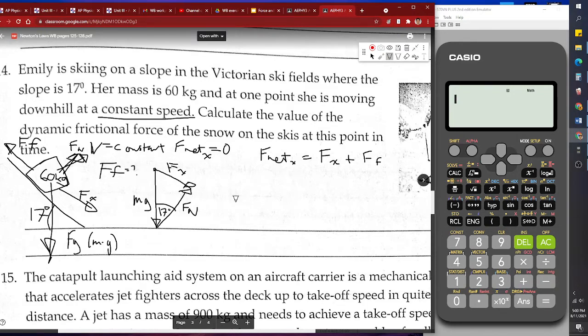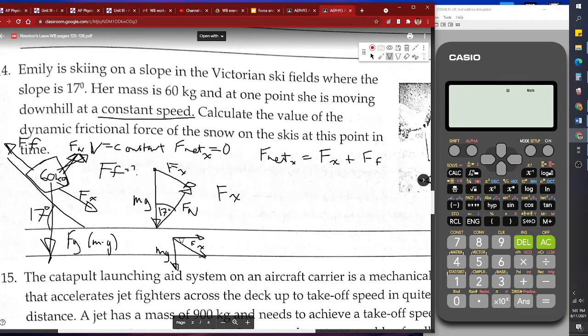We don't know the normal force. The normal force is actually the reaction force of the gravity force from the surface. We do know mg though. Fx is a component of that. If I break down the weight into its components, I can see one of them downwards matches the same direction as gravity, and that gravity is part of this.